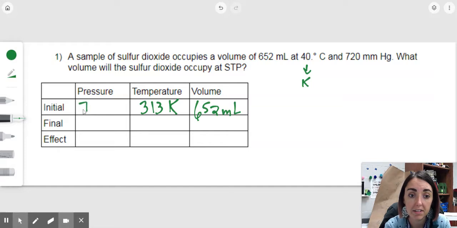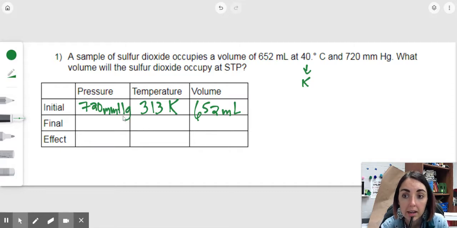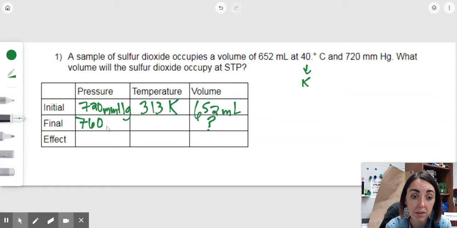All right, and then we have 720 millimeters of mercury for our pressure. And it says, what volume will the sulfur dioxide occupy at STP? So if you remember, STP, standard temperature and pressure, is 1 atmosphere or 760 millimeters of mercury, because we need to be in the same units, and 0 degrees Celsius, 273 Kelvin.